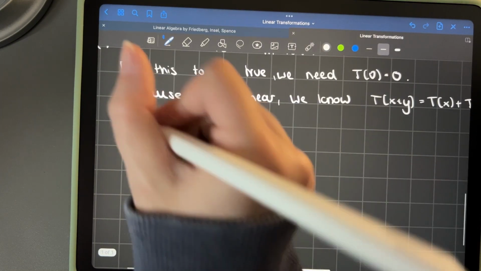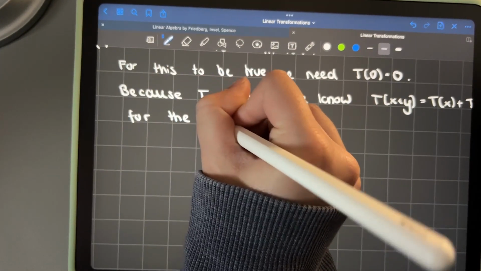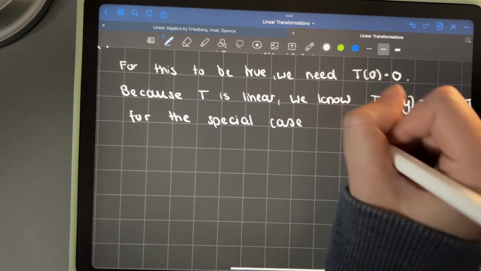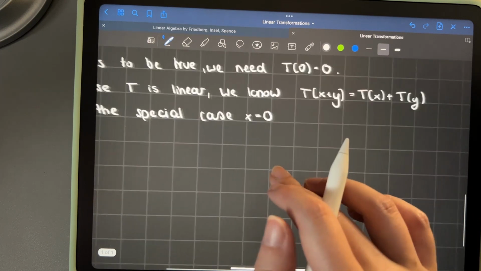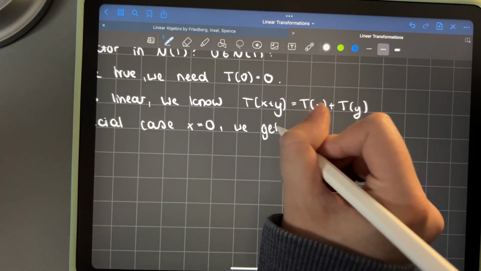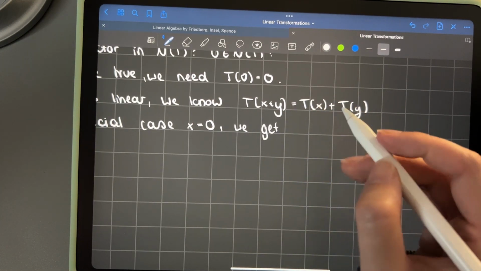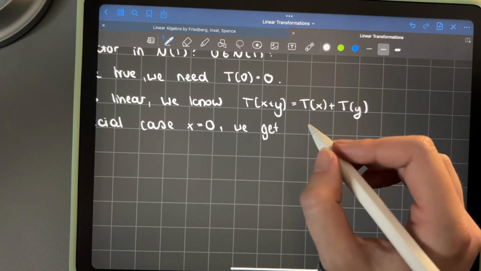And for the special case, x equals 0, because this equation holds for every x and every y, we can choose that.